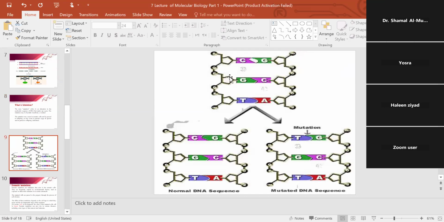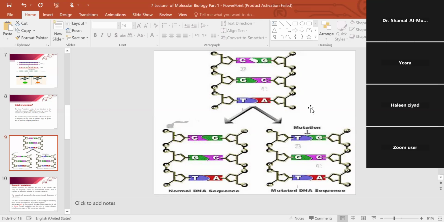Here, the DNA during replication, we have a mutation here in these two nucleotides. The first pair is GC, but here in the mutation, GT.